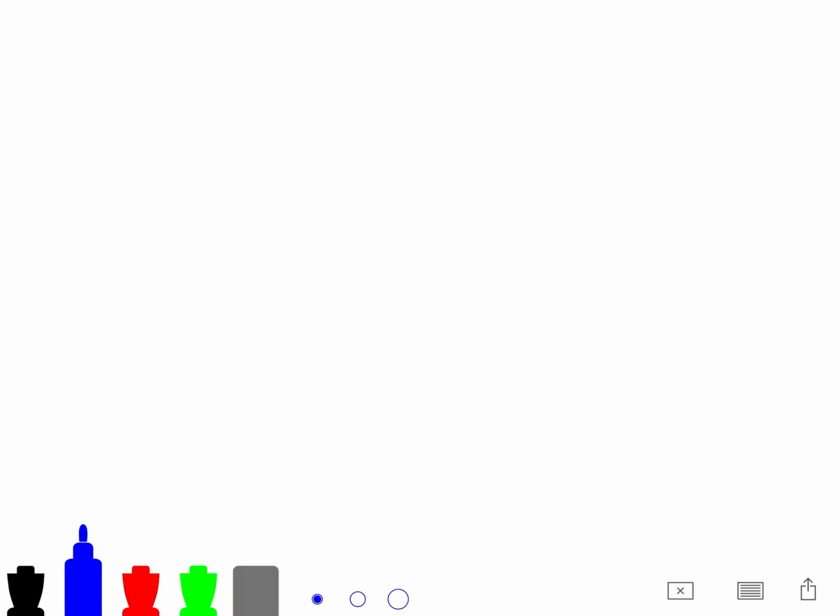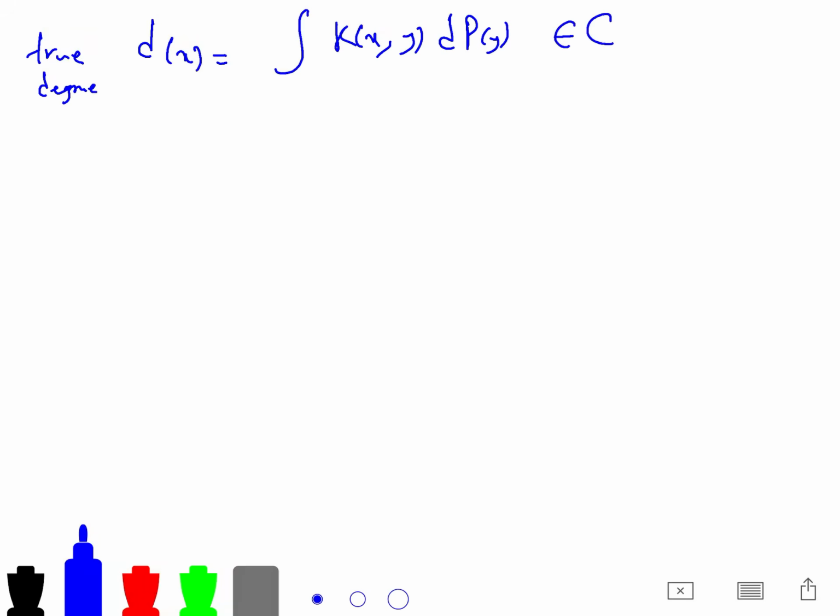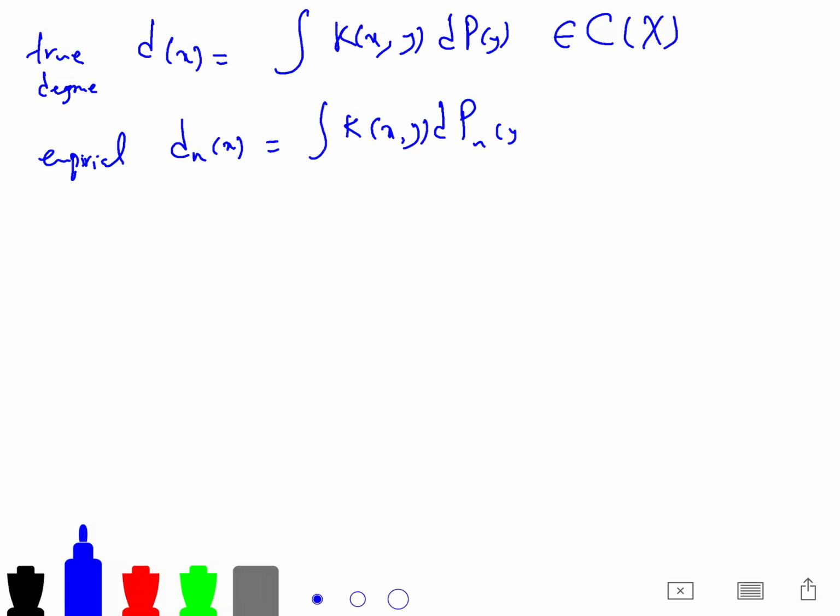So when you want to go from the true degree function to the empirical degree function, the true degree function you can define by this kernel, the integral of k of x and y dP of y, over y in C of x. But the empirical degree function, d_n of x, which we use in practice, is the sum of k of x and y dP_n of y, over y in C of x.